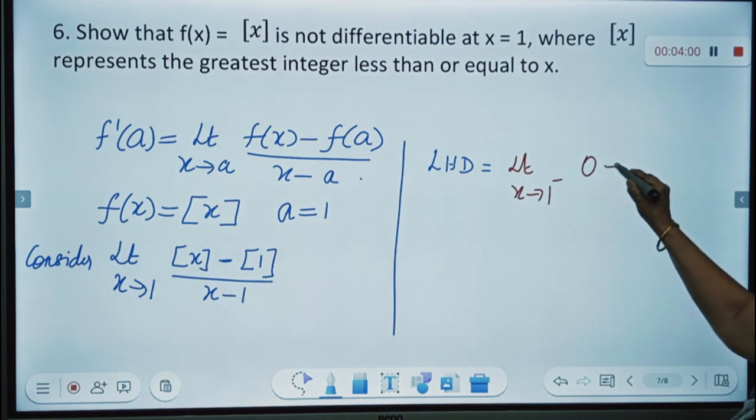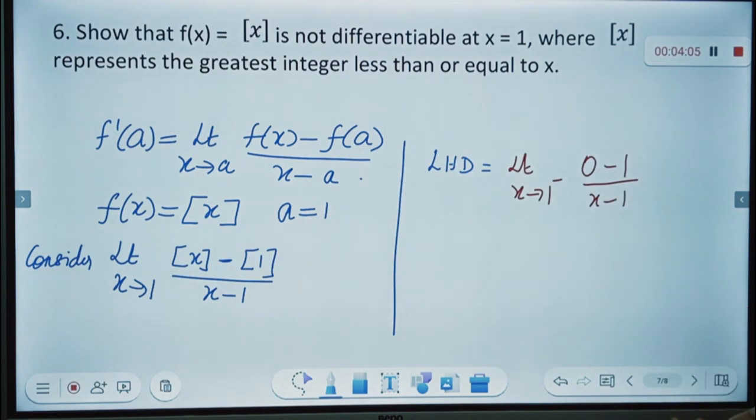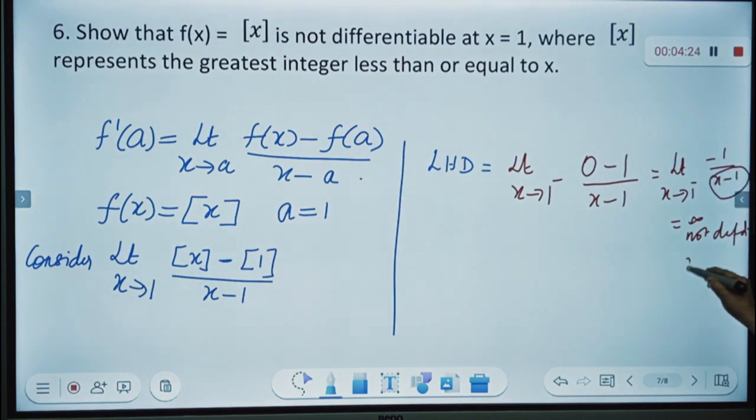So you will get 0 minus 1 by x minus 1. So this is the limit as x tends to 1 minus of minus 1 by x minus 1. This is again infinity, not defined, as x approaches 1, x minus 1 approaches 0. Therefore, the left hand derivative does not exist.